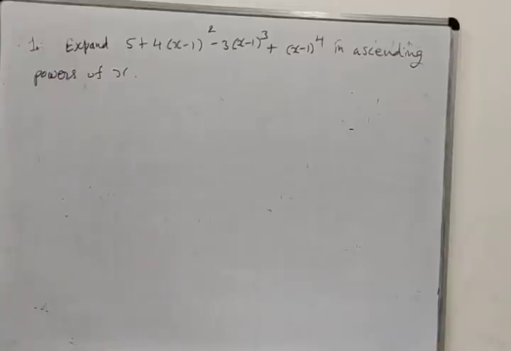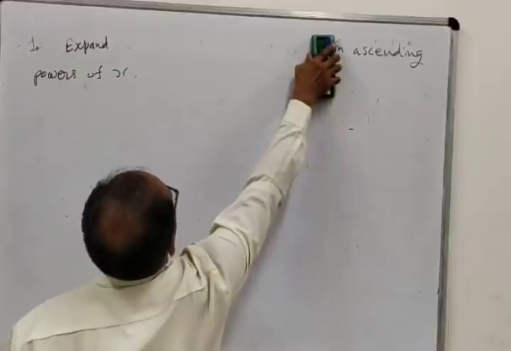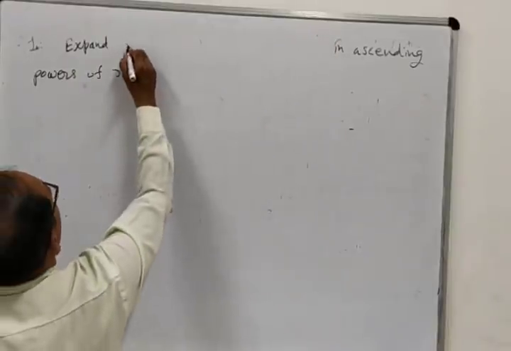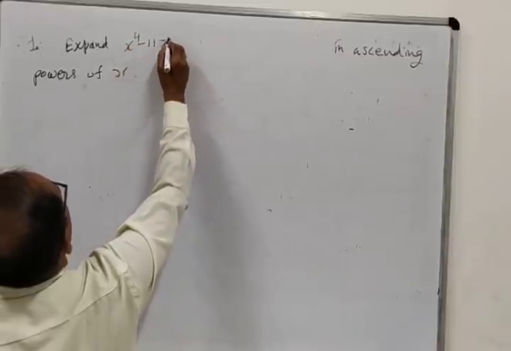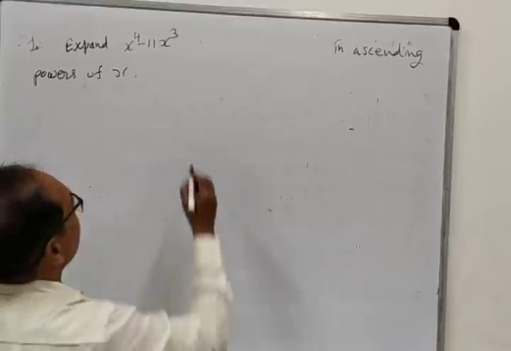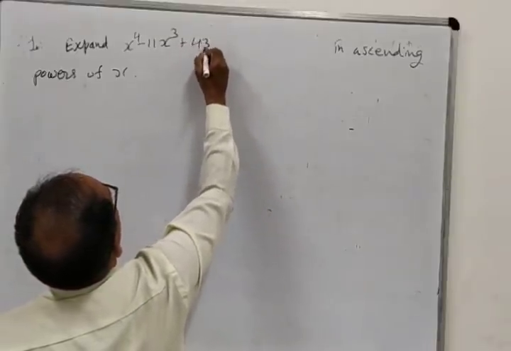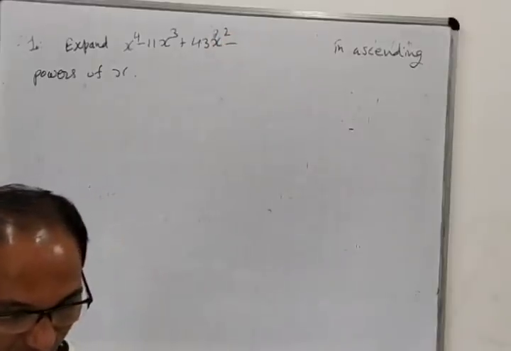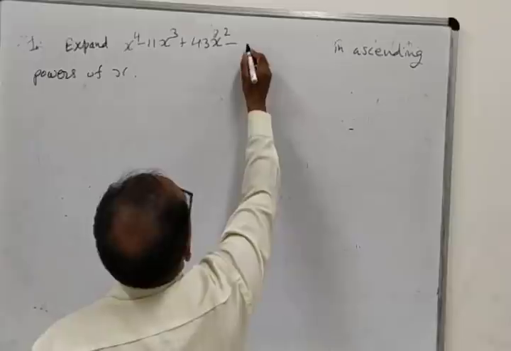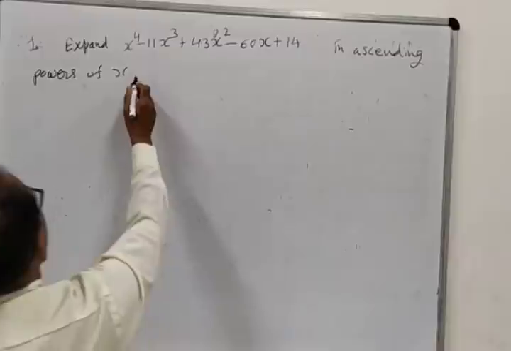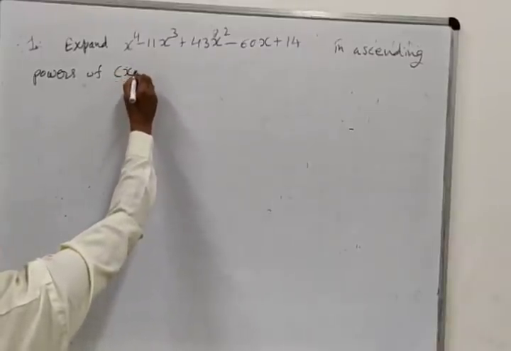Example number 1: expand x raised to 4 minus 11x cube plus 43x square minus 60x plus 14 in ascending powers of x minus 3.